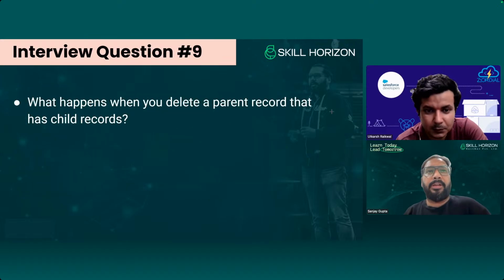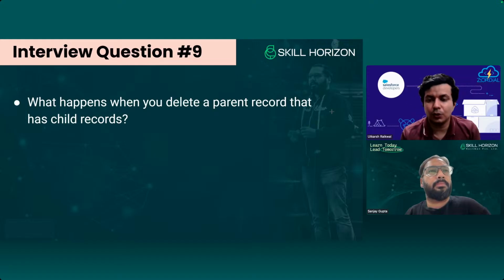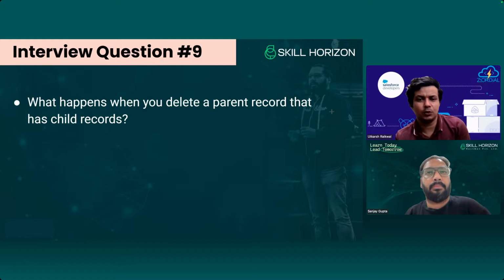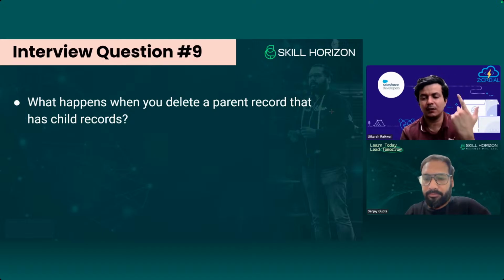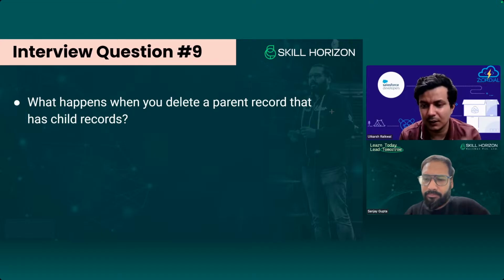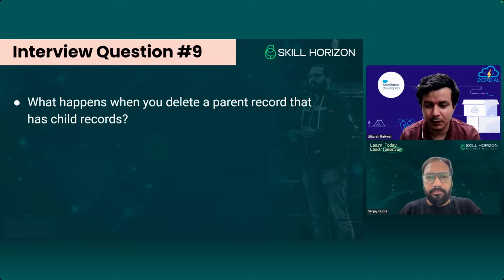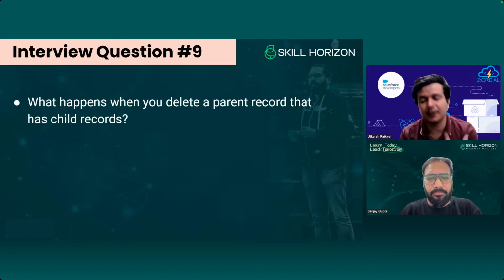What happens when you delete a parent record that has child records? Okay, it has two scenarios basically. If we delete a parent record that has a child with a master-detail relationship, then the child also gets deleted. But in case of the lookup relationship, if restricted delete is enabled, then the parent won't be allowed to get deleted while it has a child.